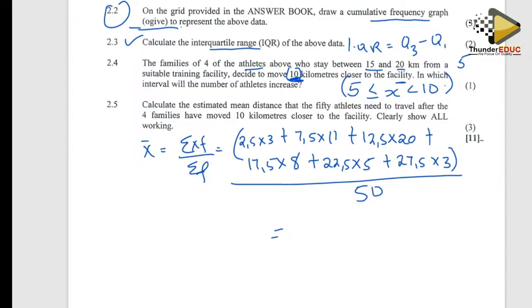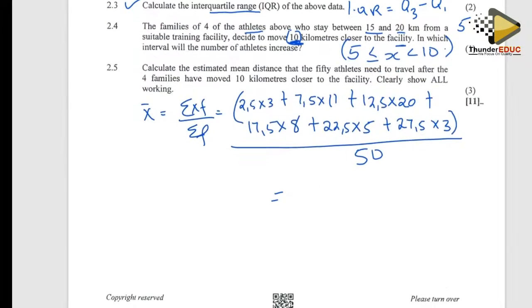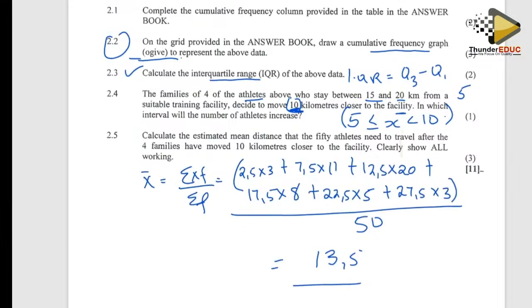We're dividing it by 50 and getting 13,5 as our estimated mean. Okay, so that is question number 2.